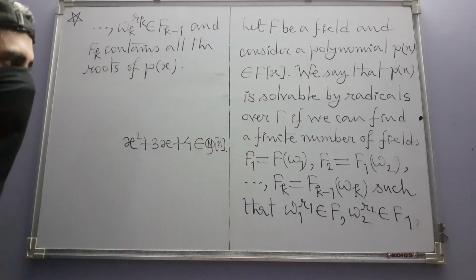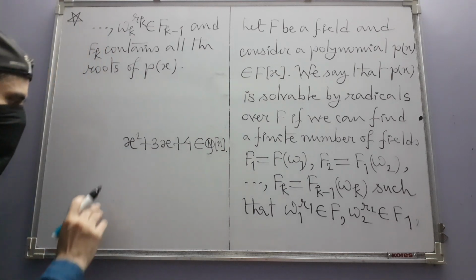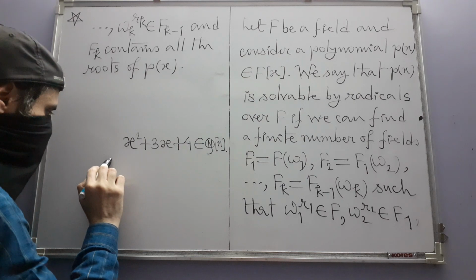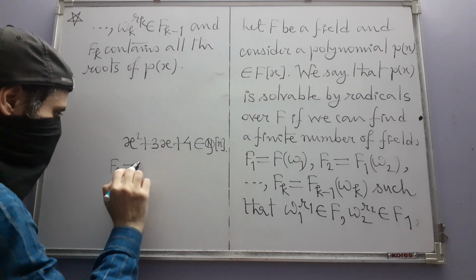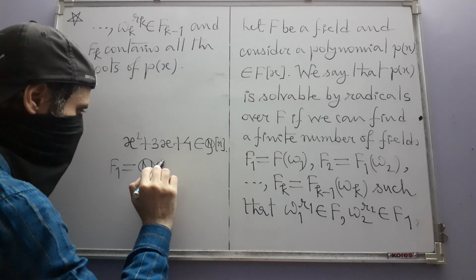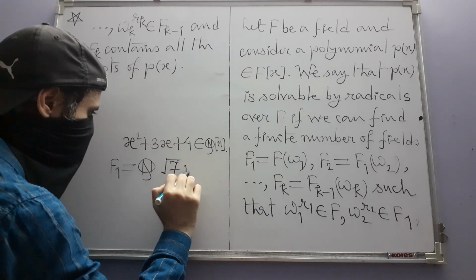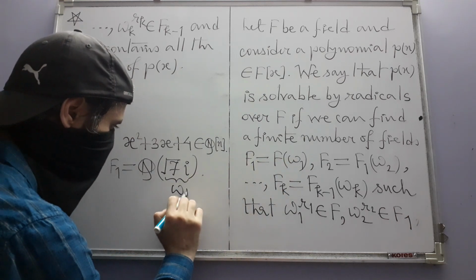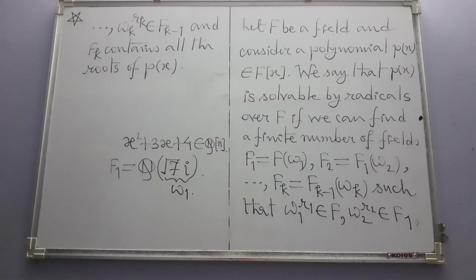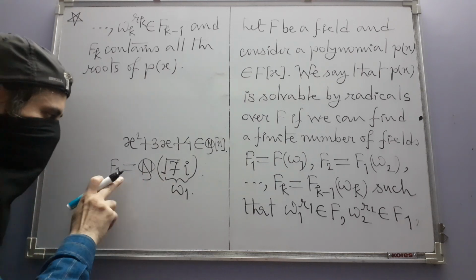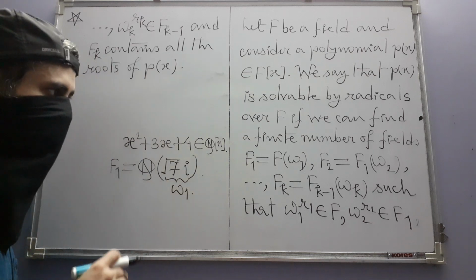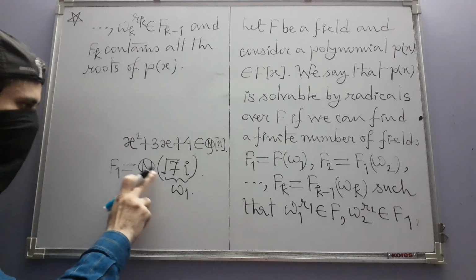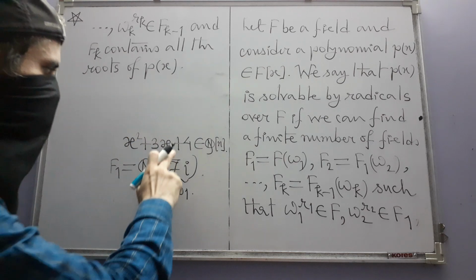Now we have found finitely many fields. In fact, we have just found one field that was enough for our purpose, which is F1, and F1 is this. That means this is our omega 1, such that this extension itself, you can imagine F1 in place of Fk. In the very first step, our job is done.